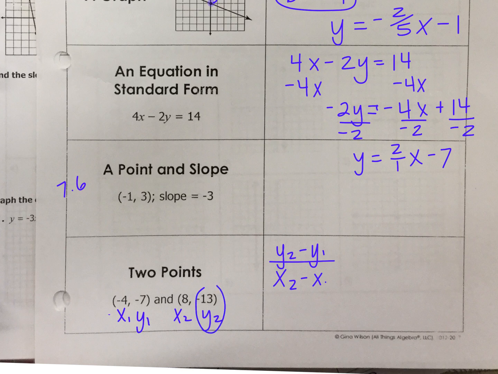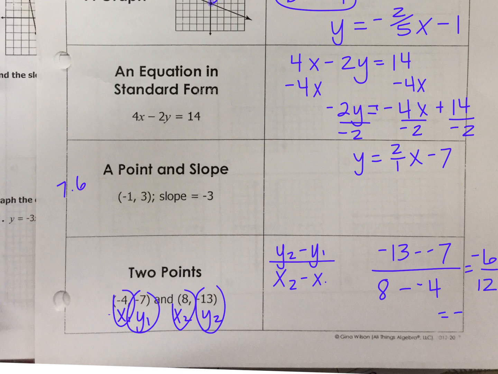My y2 is a negative 13 minus negative 7 over 8 minus negative 4. You can put this entire thing in your calculator as a fraction. This equals negative 6 over 12, which would reduce to a negative 1/2 in your calculator.